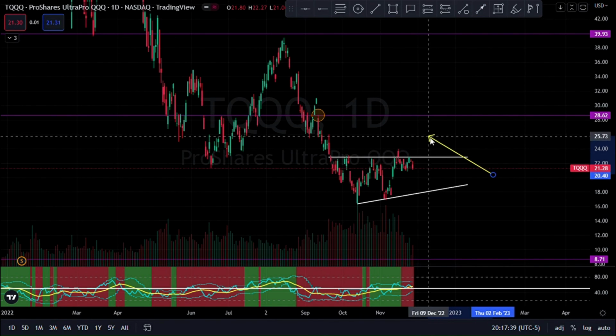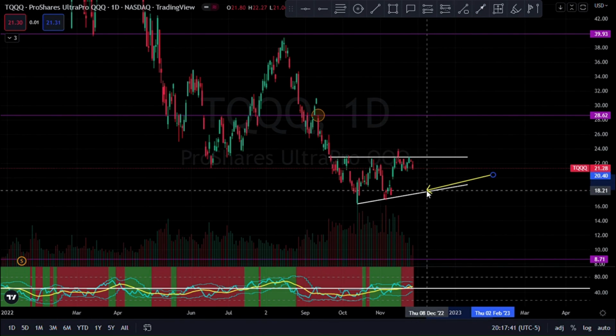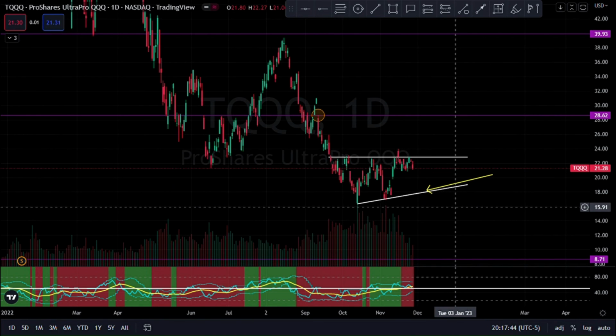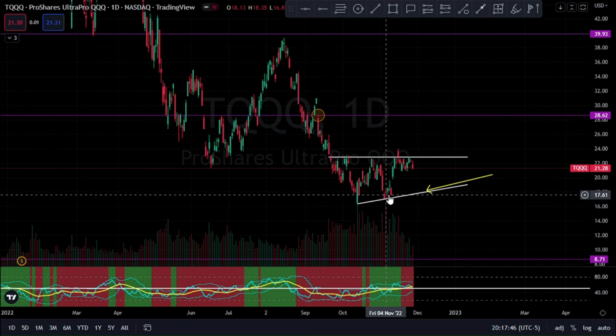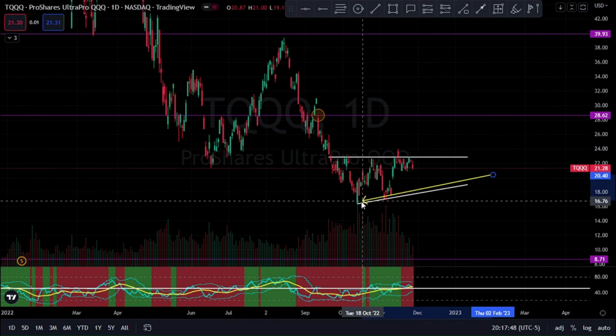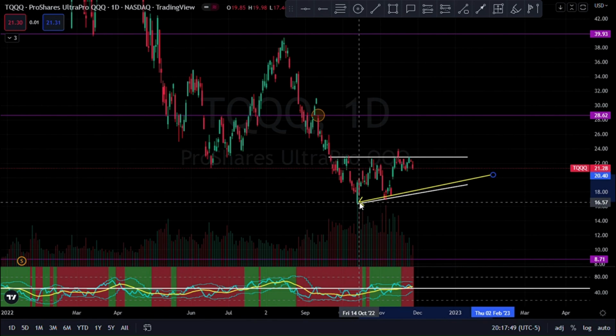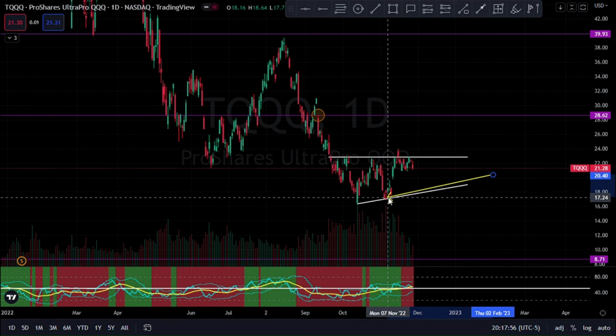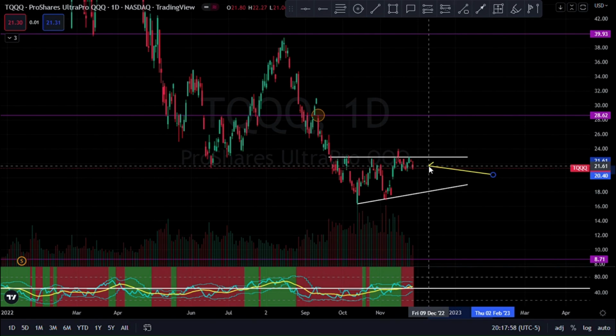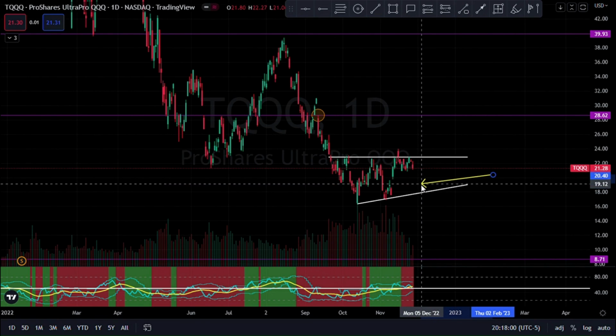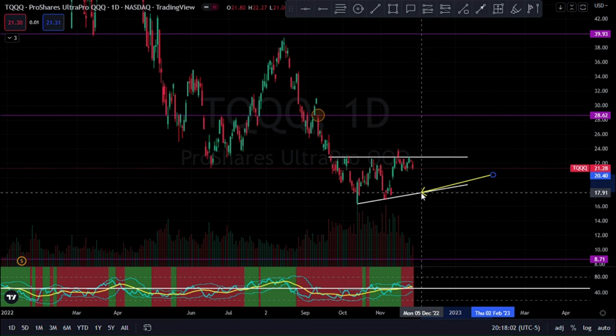Or is it going to stay in the channel and continue back down to this area? Because it has done it once, 2 times before. This was the first bounce off of here, giving us the start of our trend line for the channel at the bottom. This is the second. And this may be a third coming down.